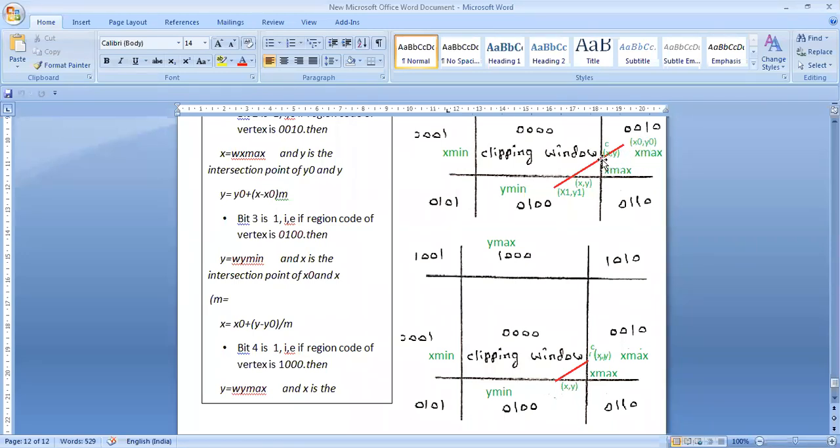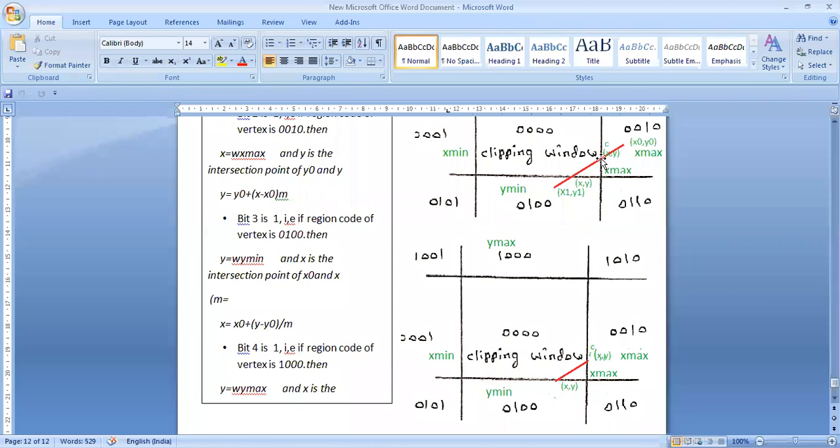So if the region code is 0 0 1 0, then what I should do for my x naught, that is x? This particular point I will call x. So x should come to wx max, that is x max, the x coordinate of this particular point. If I need to bring this here, then x should be x max.